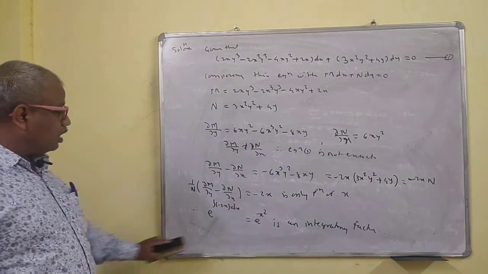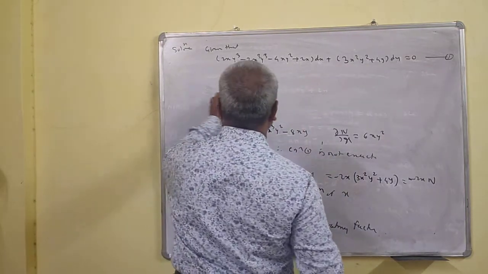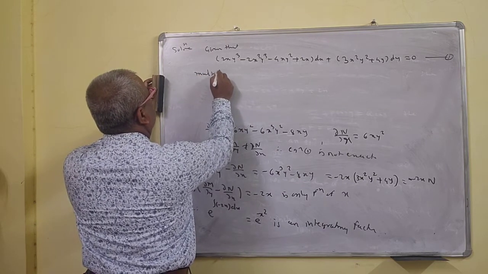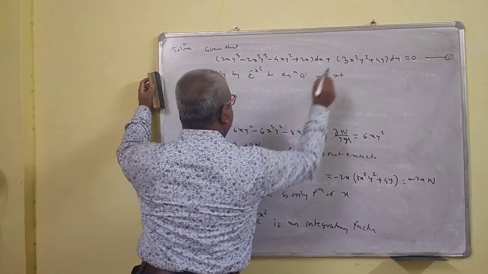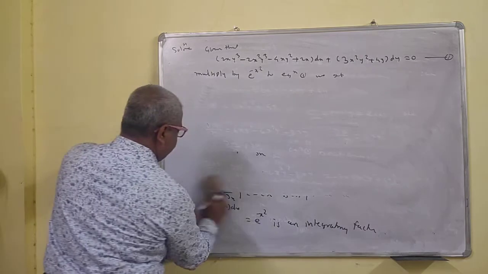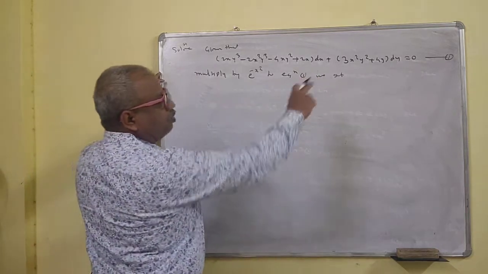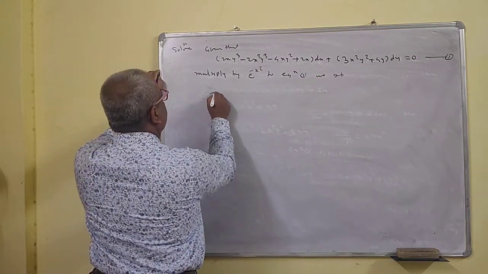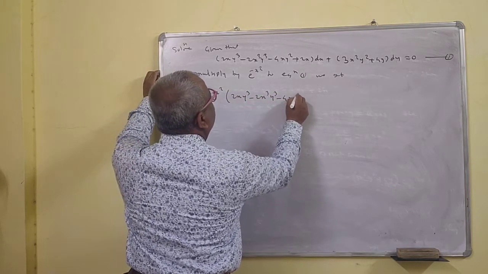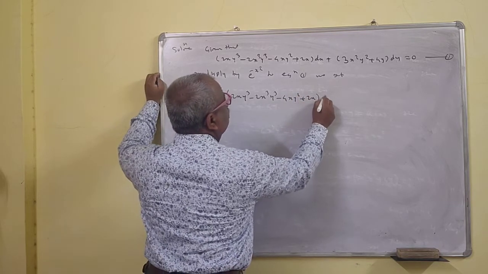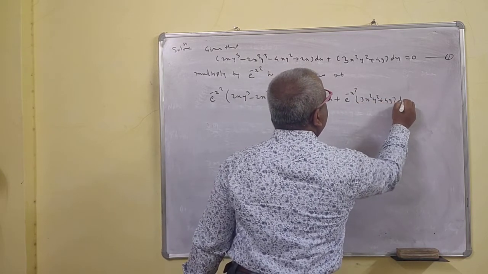So what you have to do then is multiply by e raised to minus x square. Multiplying equation 1 by e raised to minus x square, we get: e raised to minus x square times (twice x y cube minus twice x cube y cube minus 4xy square plus twice x) dx plus e raised to minus x square times (3x square y square plus 4y) dy equal to 0.